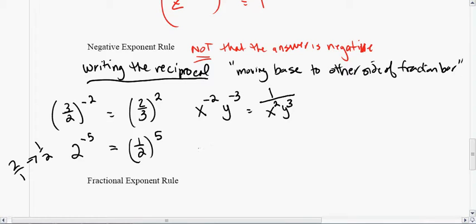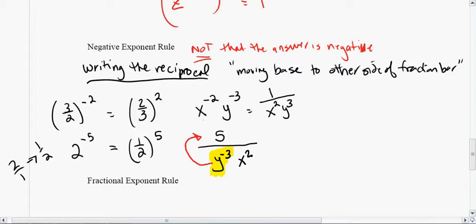So if I started off with something in the denominator, like maybe we have 5 up here on the top, and then a y to the -3, and maybe x squared. This guy right here, the y to the -3, I'm going to move over the fraction bar to the top.